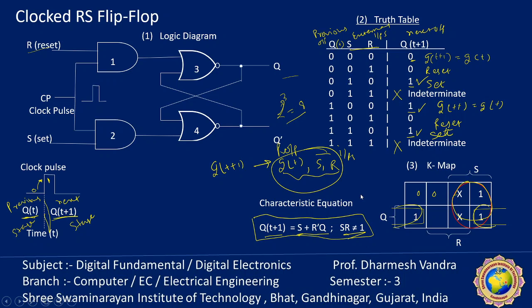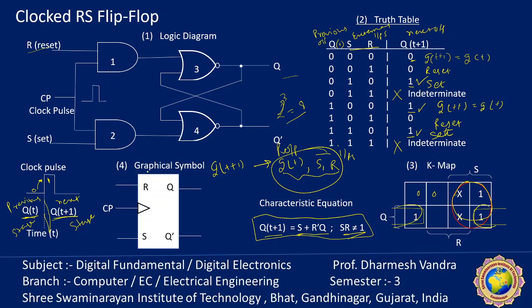And the symbolic view of the SR flip-flop has 2 inputs, reset and set, and the clock, and two outputs, Q and Q dash. This is called a graphical symbol, which is useful to design a big circuit. We do not need to put the internal combinational diagram of logic gates.